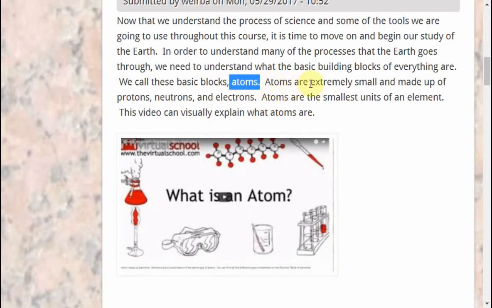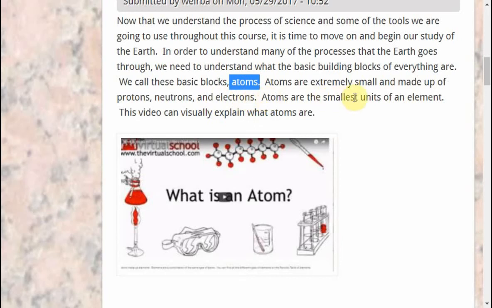Atoms are extremely small and made up of protons, neutrons, and electrons. This shouldn't be too new to you. You have seen this probably at least once, if not 2 times in your sciences from middle school and into high school. So it might be a review, that's okay.